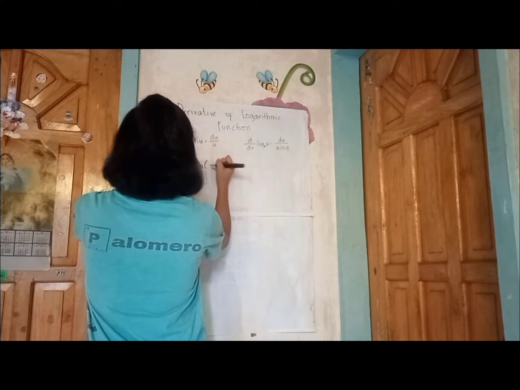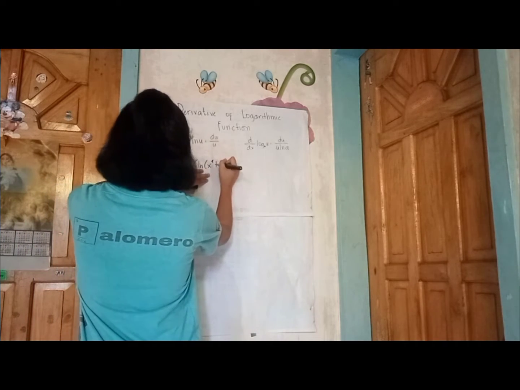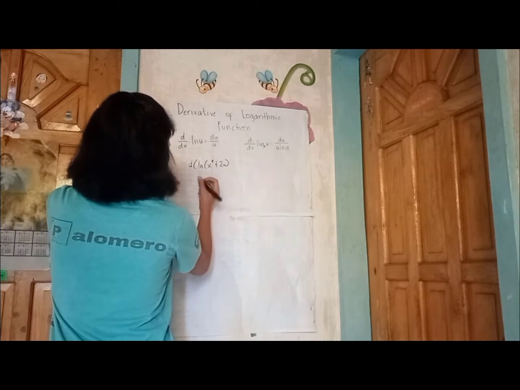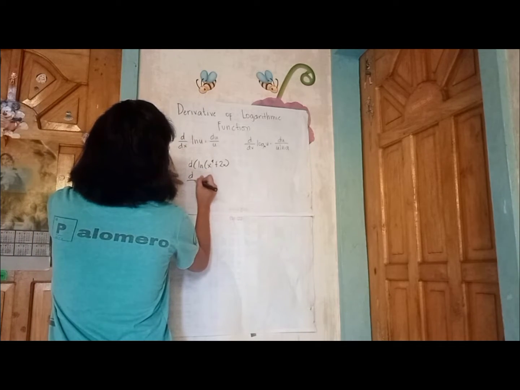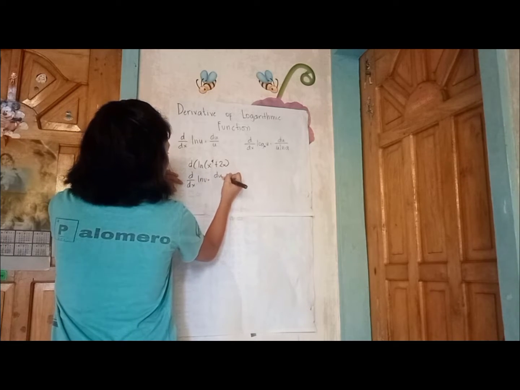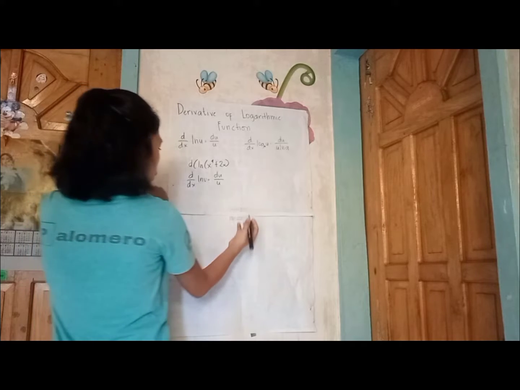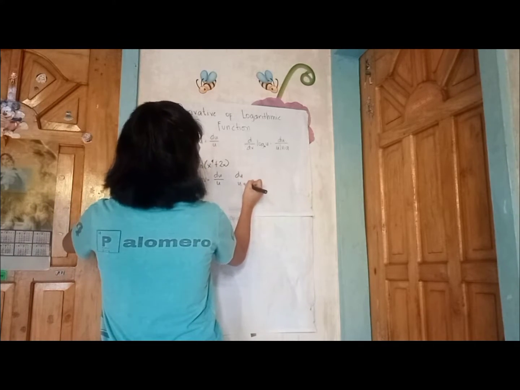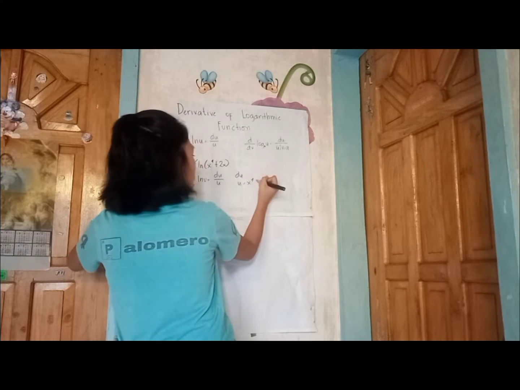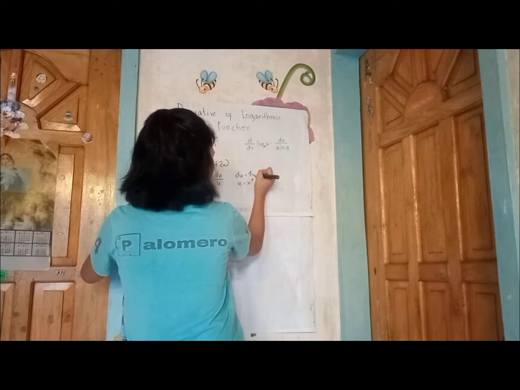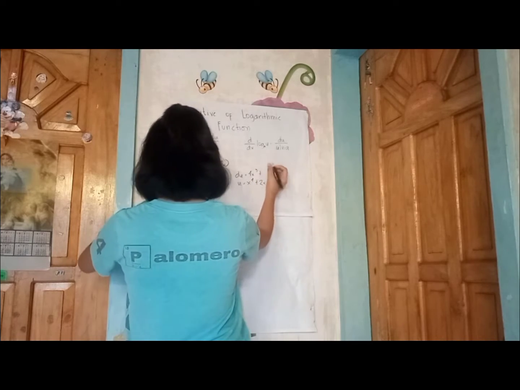ln of x raised to 4 plus 2x. So the derivative of ln u is equal to du over u, where our u is equal to x raised to 4 plus 2x, and our du is 4x cubed plus 2.